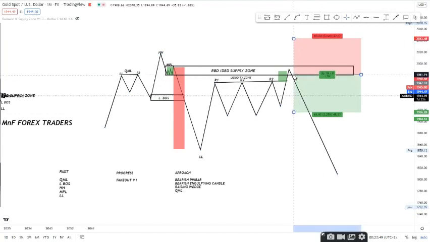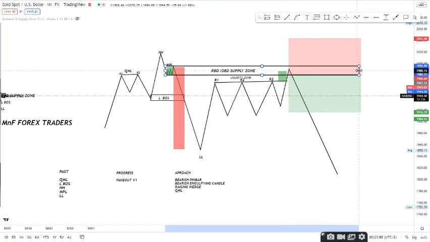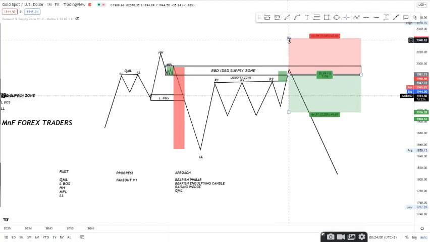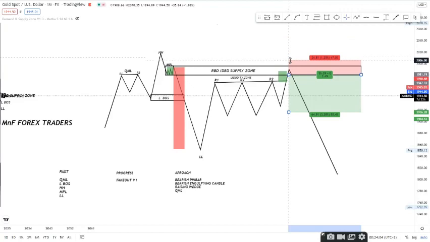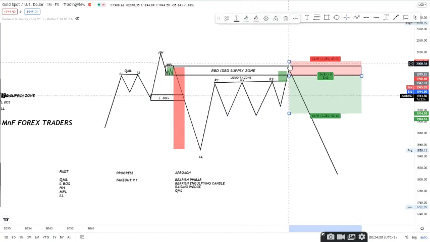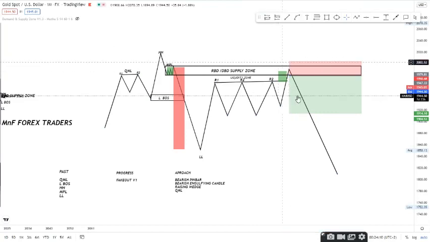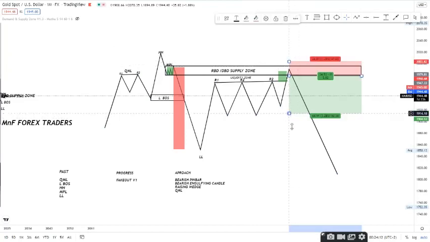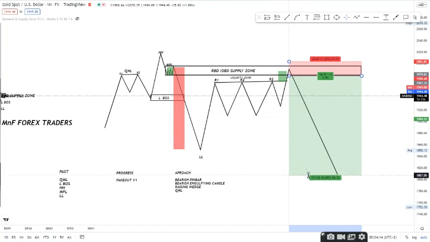In this case, we'll sell from here. We'll put our stop loss just above our bearish order block, and our target is on the next fresh demand zone.